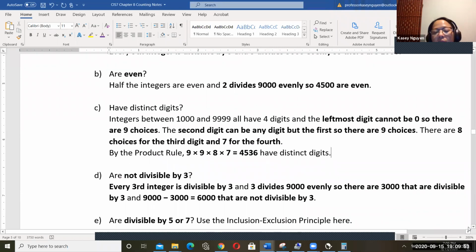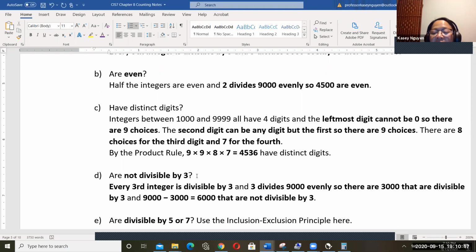Okay. As we didn't finish the last few parts of the example, going back to this, 9,000 from what we found in the example, if we're trying to see how many are not divisible by 3, then we know that every third integer is divisible by 3.